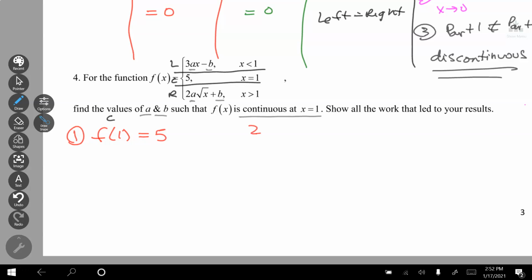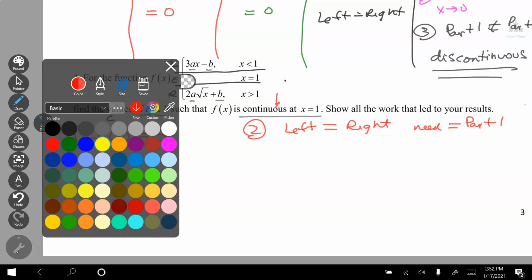Step 2, I need the limit to exist, or better yet, I need the left side equal to the right side. But not only does the left side have to equal the right side, for this to be continuous, I also need this to equal part 1.